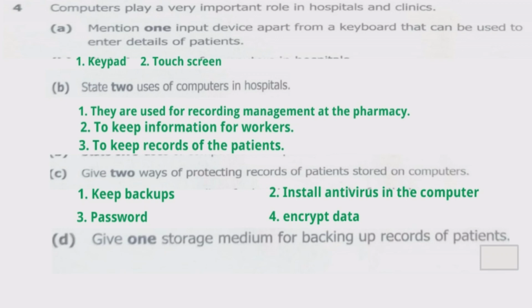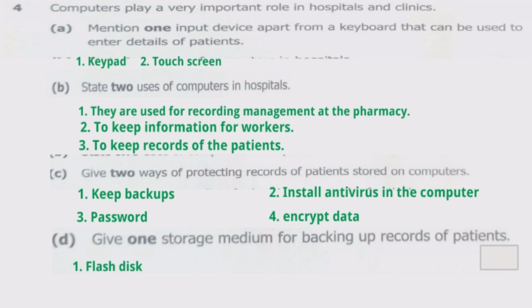So when you want to back up the information of the patients, one, you can use a flash disk. I'm sure all of us know the flash. You can use the flash to put that information in. That determines the size of the data and the size of the flash.